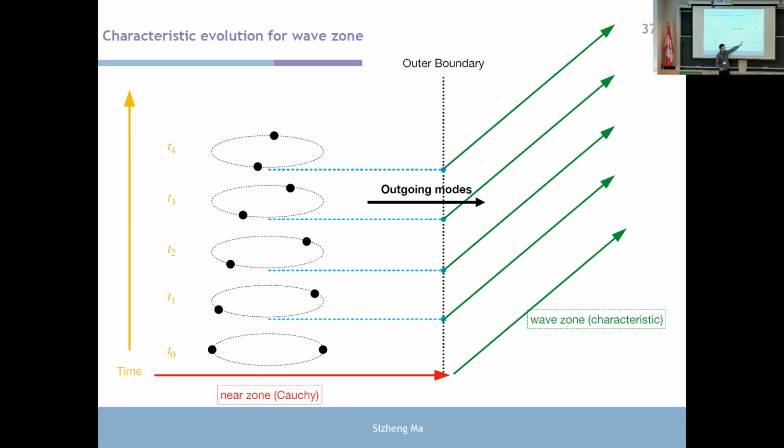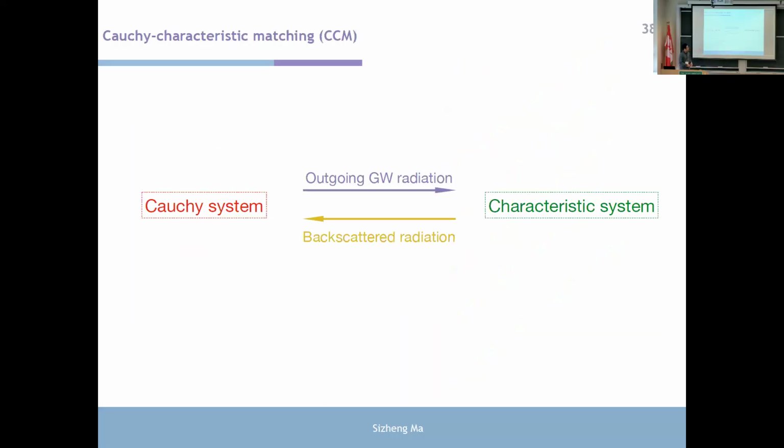Once this is done, we can send the backscattered modes from characteristic to Cauchy to construct the exact boundary condition, including the backscattering waves. In other words, we match those two systems together and evolve them at the same pace. So this method is called Cauchy characteristic matching, or CCM.